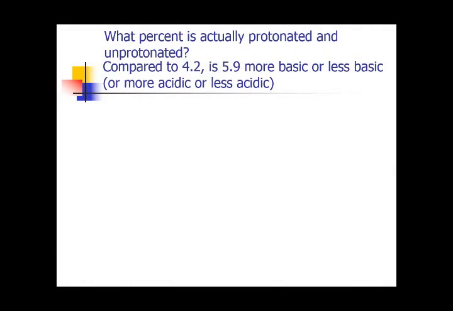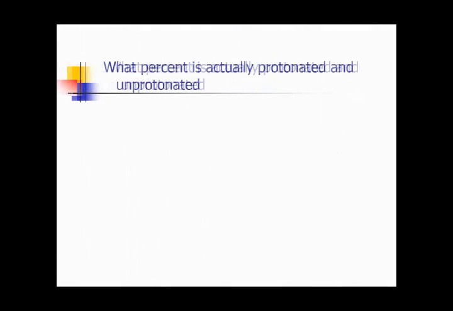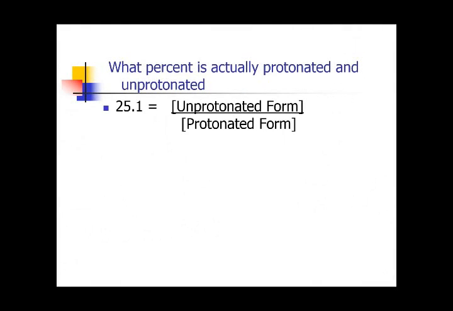Let's look at the other example. We were comparing a pK of 4.2 and a pH of 5.9. We did this whole beautiful calculation. We knew that there's going to be more unprotonated versus protonated, but by how much? Same equation. There we got 25.1 is equal to unprotonated over protonated, meaning for every molecule of protonated, there's 25.1 molecules of unprotonated.